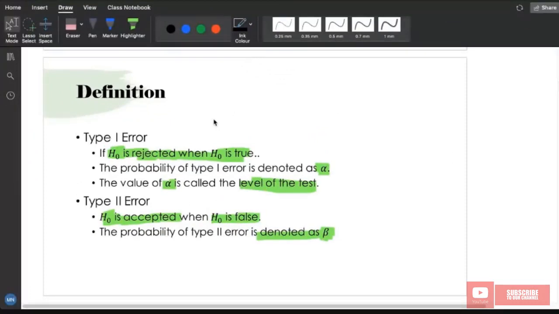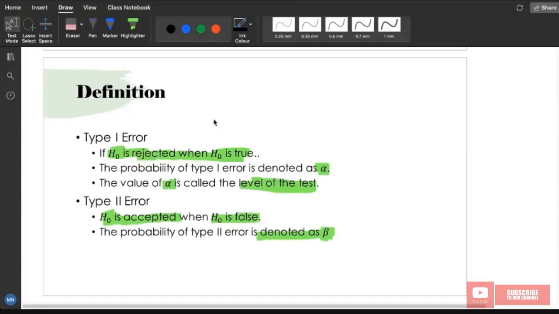So we reject the null hypothesis when the null hypothesis is true. This is what we call type 1 error. The symbol for type 1 error is alpha, and alpha is also called the level of the test.